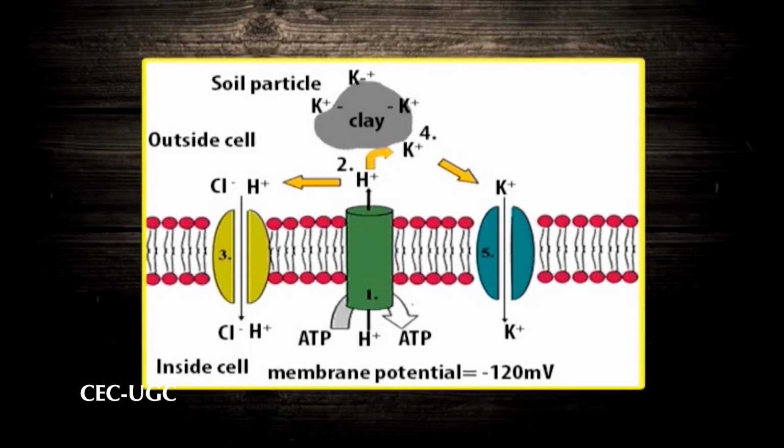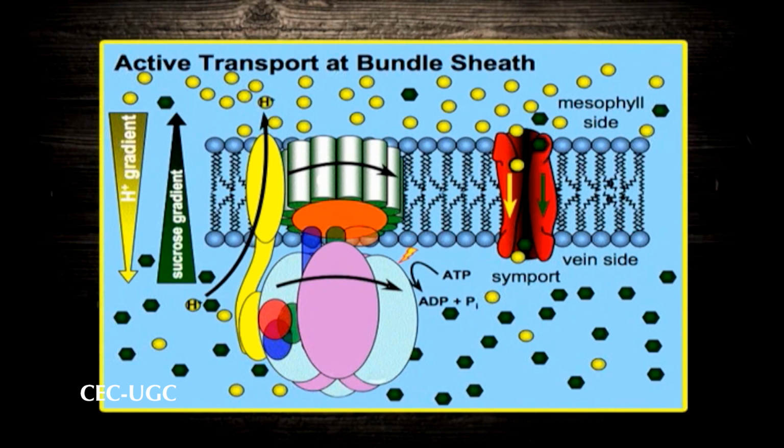Though some ions, because of local destabilization of membrane potential or due to membrane leakiness, diffuse across the membrane along the concentration gradient, the entry of the majority of ions is selective, facilitated and dependent on metabolic energy.